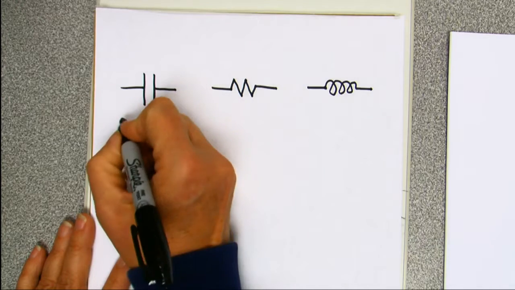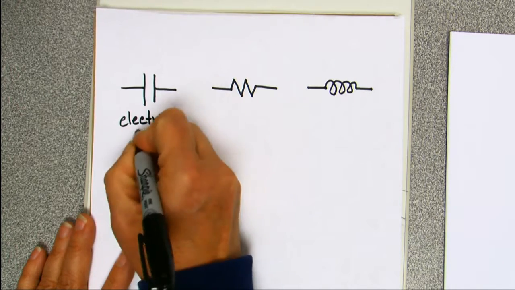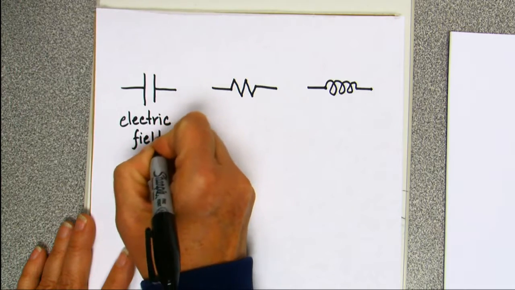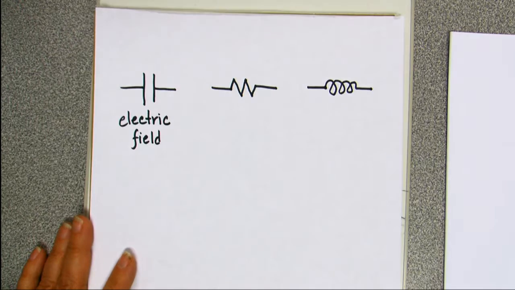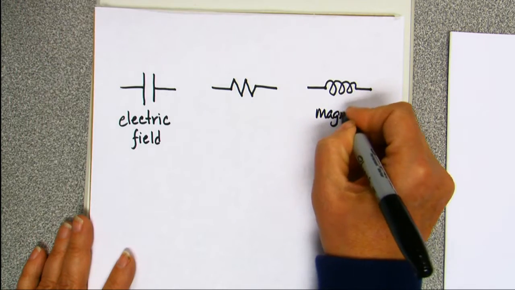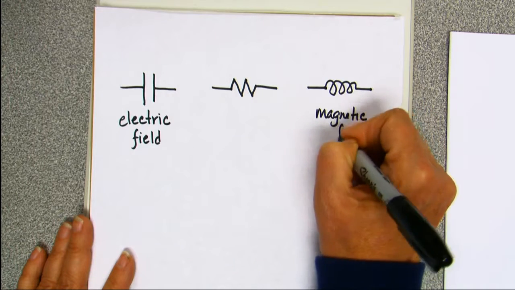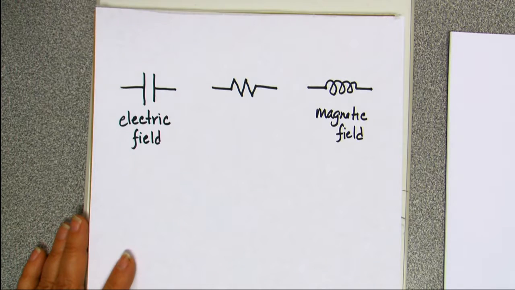So, in this one, the electric field is inside the capacitor. This one, we have a magnetic field inside the inductor.